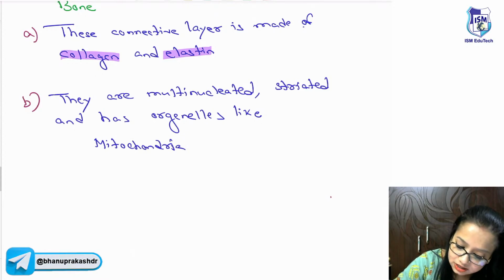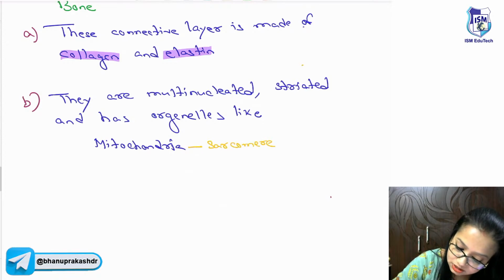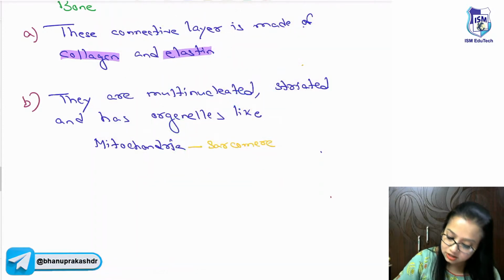All of us know that it is called as sarcomere. Then what else? What are the common organelles it has?